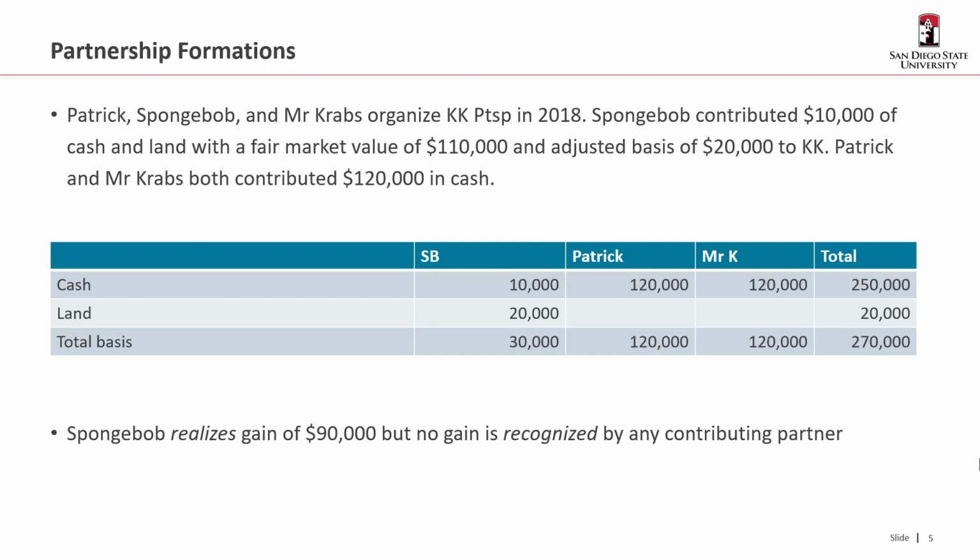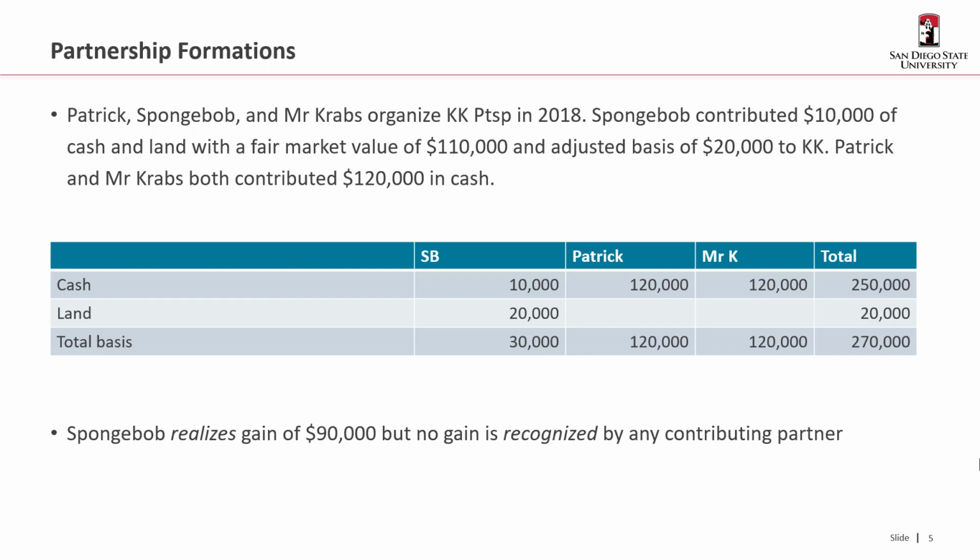Patrick, SpongeBob, and Mr. Krabs organized the Krusty Krab Partnership in 2018. SpongeBob contributes $10,000 of cash and land with a market value of $110,000, and the land has an adjusted basis of $20,000, and all that gets contributed to the partnership. Whereas Patrick and Mr. Krabs both contribute $120,000 each in cash. When we calculate the basis for SpongeBob, the cash is always at basis, so that's $10,000, and the land he contributes, he gets basis that matches the basis of the land he contributed, or $20,000.